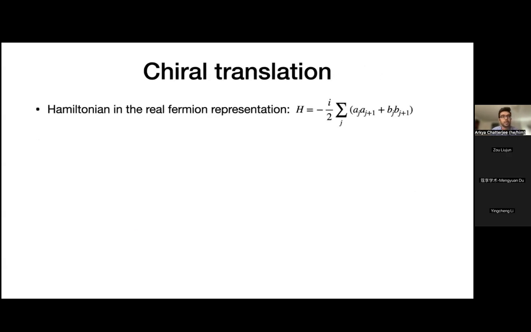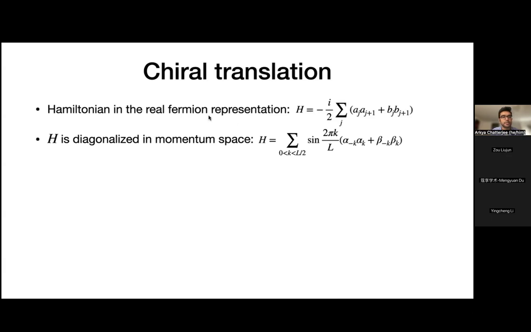And now we recall that the Hamiltonian, which was just a tight binding Hamiltonian for the c fermions, can be rewritten in terms of these Majorana variables like this, which you can convince yourself after some quick algebra. It can be diagonalized by going to momentum space.